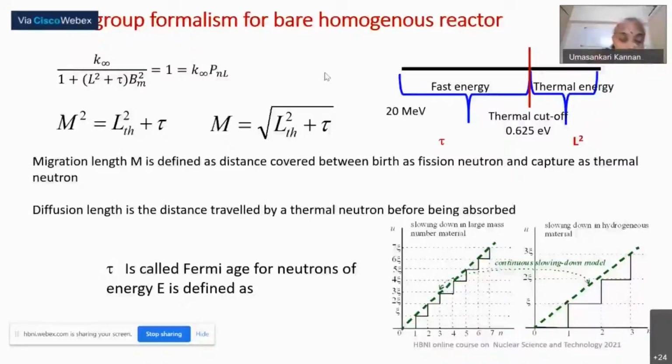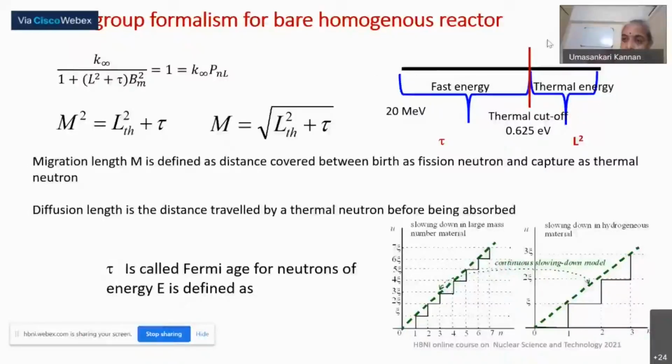So far we have considered the spatial variation of neutrons. We got the Bessel function for the spatial variation of neutrons. Now we also have to talk about the energy dependence of the neutrons. Let us say neutrons are born at around 20 MeV of energy, and they come down to the thermal energies, which is 0.0253 electron volts.